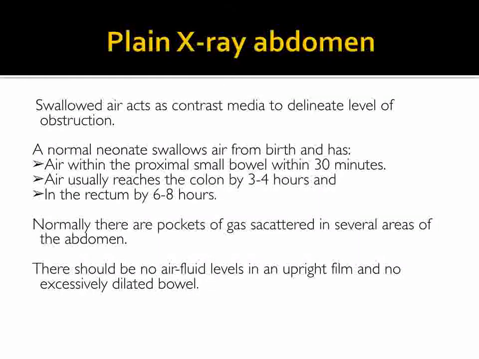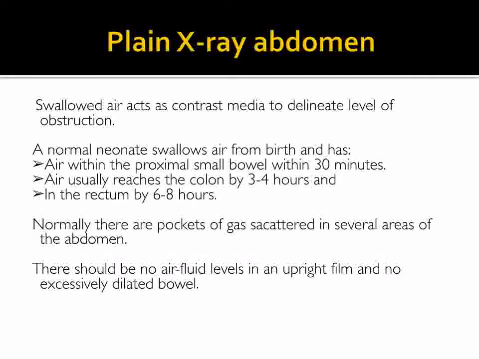After birth, the baby starts to swallow air, and this air will pass down from the esophagus to the stomach, the duodenum, the jejunum, ileum, and then go to the colon. During its journey, it passes each station at a certain time: the air reaches the proximal small intestine, meaning the stomach, duodenum, and upper jejunum, within 30 minutes.